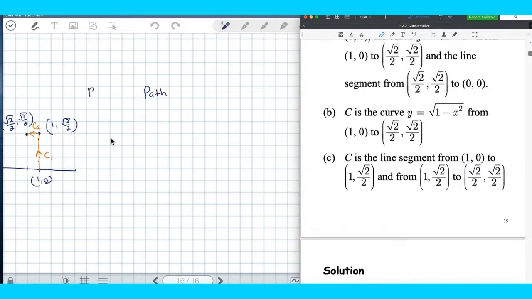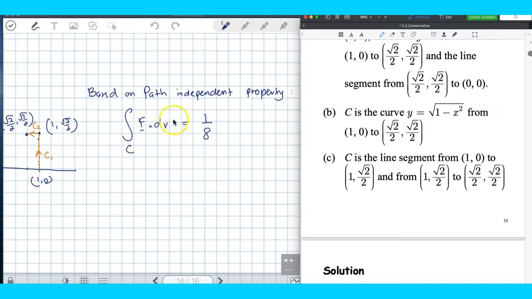So based on the path independence property, the F dot dr for the curve C here is also the same as the result in B. Without any calculation, we can directly find the value.